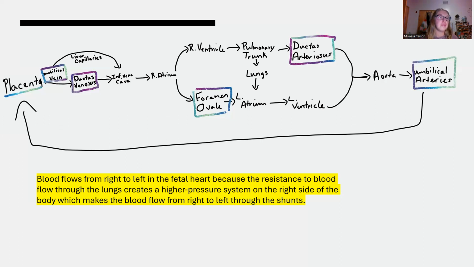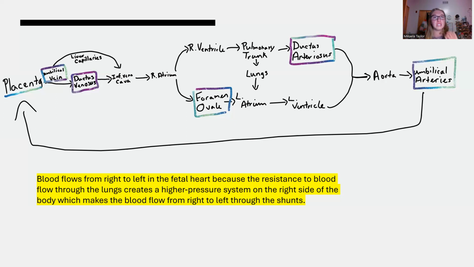And then the umbilical vein carries blood through the ductus venosus, which is the structure that transports blood through the liver, bypassing the hepatic portal system. It gets diffused through the liver capillaries and all of that is dumped into the inferior vena cava, which then takes oxygenated blood to the right atrium of the heart.